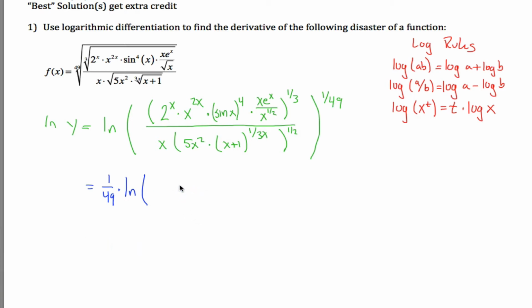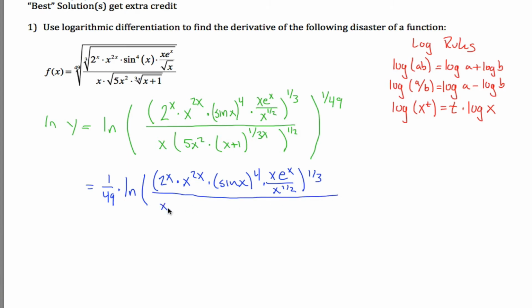The natural log of 2 to the x times x to the 2x times sine of x raised up to the 4th power times x times e to the x divided by x to the 1/2, to the 1/3, all divided by x times 5x squared times x plus 1 raised up to the 1/3x power, and all of that to the 1/2 power.